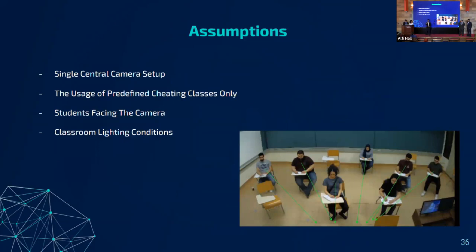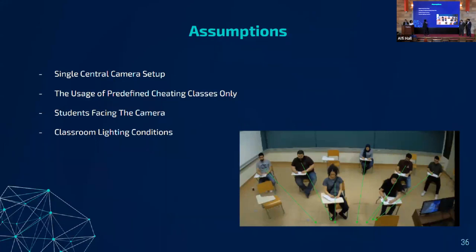So there are some assumptions that we decided to follow when we collected our data. First of all, we used a single camera setup that was placed in the middle of the classroom so that it can view all the students' bodies and poses.